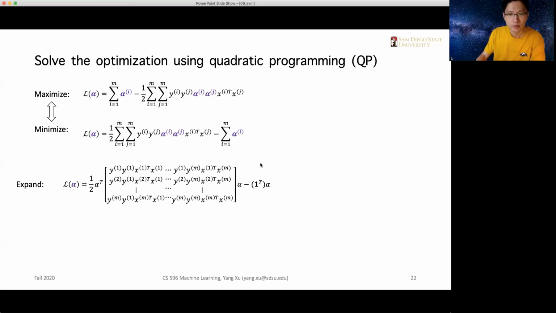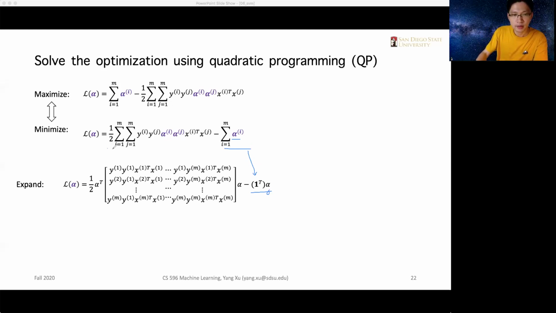Think of the alpha as a vector, because if you closely look at the alpha here, it is a summation of all possible alphas, and then the superscript ranges from 1 to m. It's basically the dot product between the unit vector and the long vector alpha. We have m components in the vector alpha, from alpha 1 to alpha m.